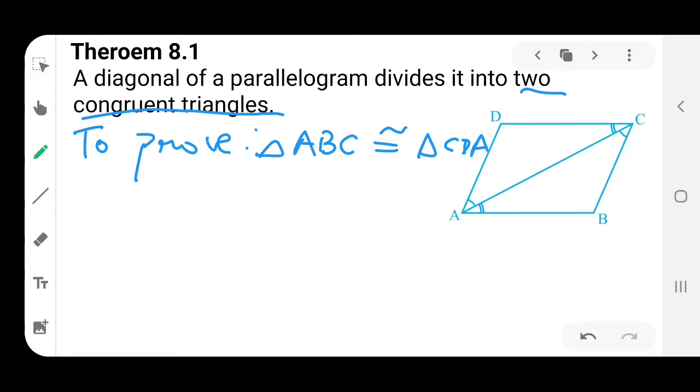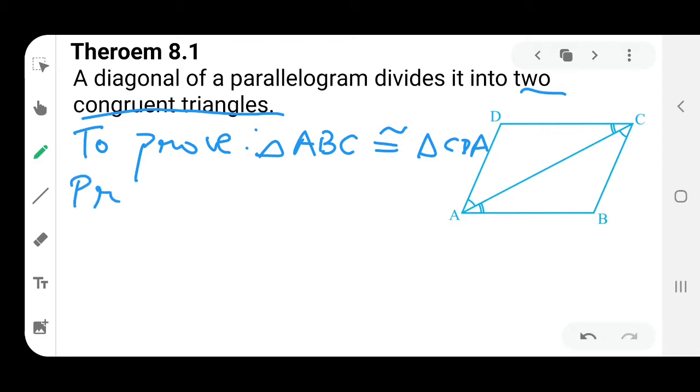To prove this, we'll do some construction, that is, we will have to make the diagonal. But we will not write the construction step here. We'll start directly from the proof.